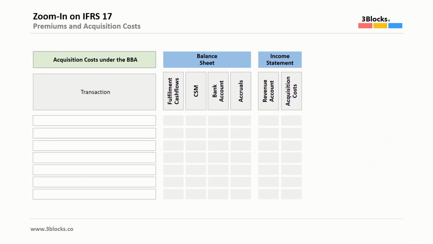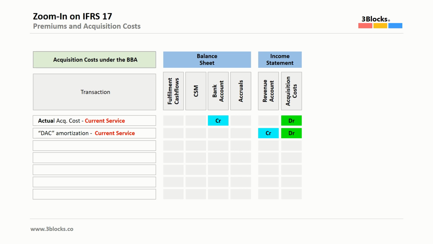Let's move on to the accounting journal entries for the acquisition costs. The part of the acquisition costs paid corresponding to the current service is credited to the bank account and recognized in the income statement as an expense. Then we have a journal entry explained in the last episode, which represents an amortization of the quasi-DAC.